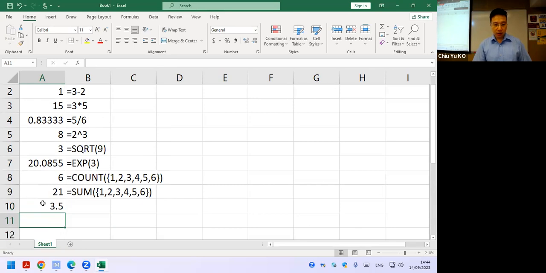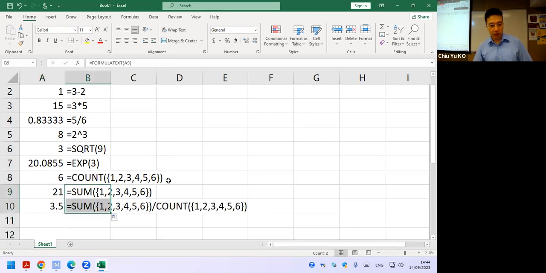So what do we have in A10? It's actually the average, right? Is that clear what we do?